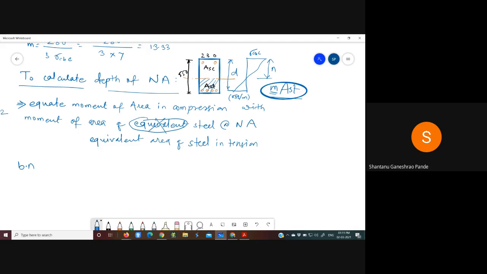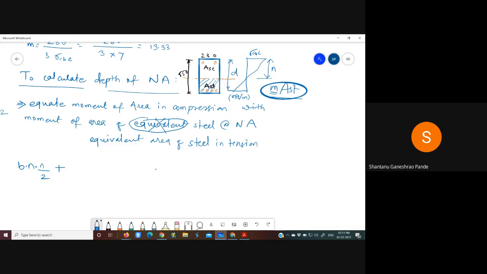Whatever hatched portion is in tension, the remaining is in compression. So B into N multiplied by the centroidal distance N by 2 gives Bn square by 2, the moment of area in compression of concrete. Now along with concrete, in this case, there is compression steel provided as well.